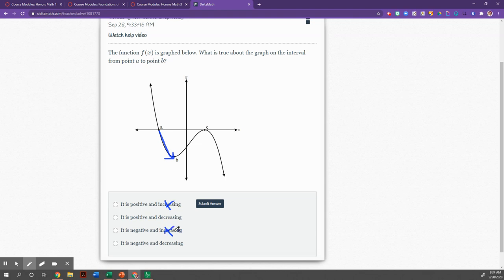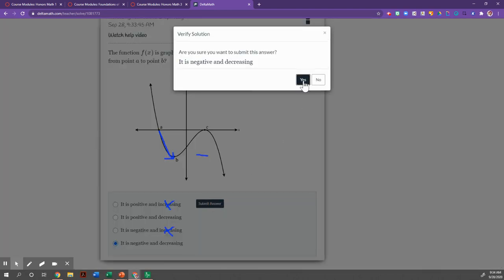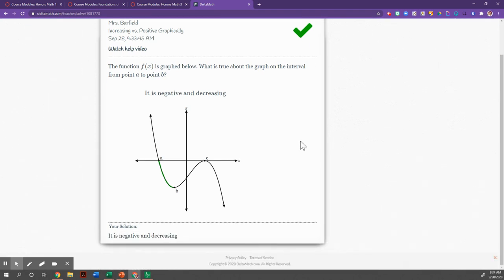I do that one first just because I think it's easier. Now, is it positive or negative? Here's the x-axis. My graph is over here, so it's on the negative side. That means it is negative and decreasing. Submit my answer. Yes.